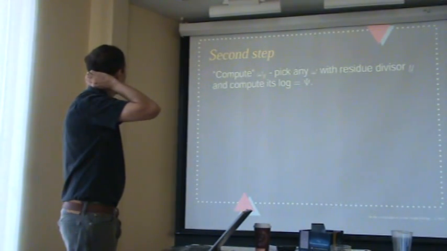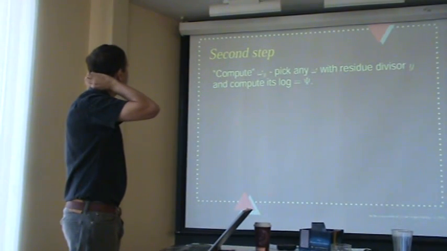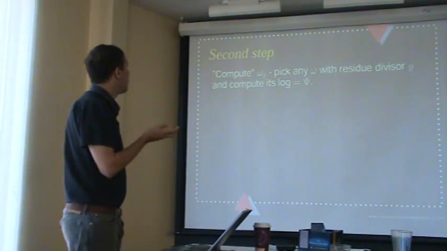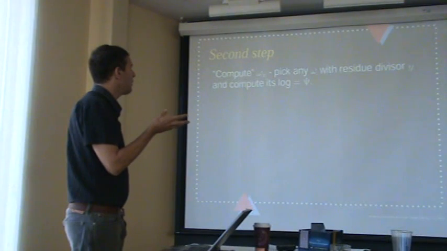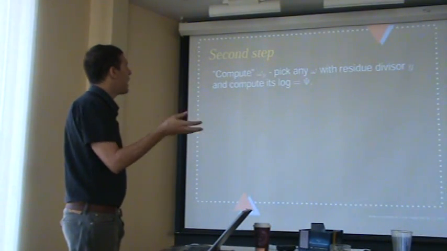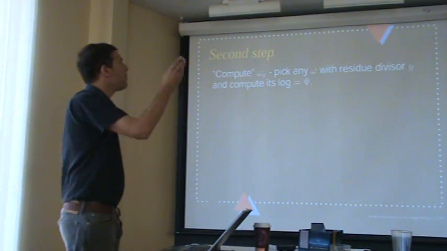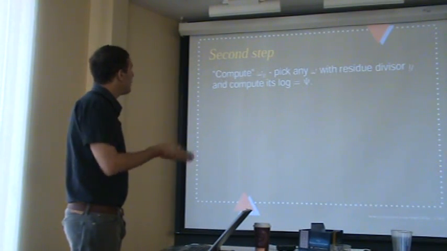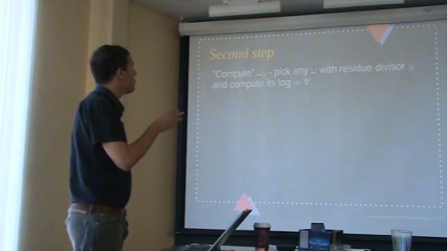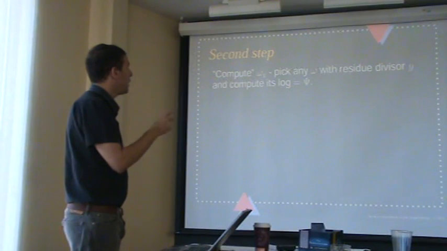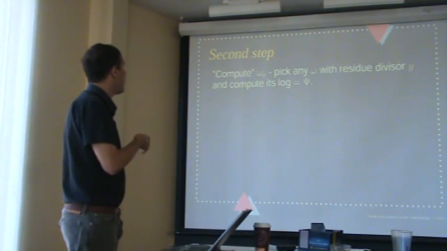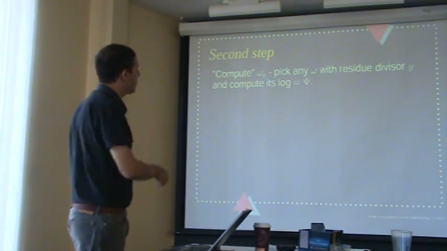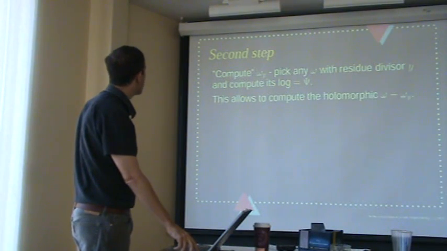So what you do is you first pick out any form with residue divisor y, and again, this is an anti-symmetric divisor. I just pick 2 points, and I need to find a form whose residue divisor is p plus minus p, and then I compute its log, so I know how to compute it as a psi.